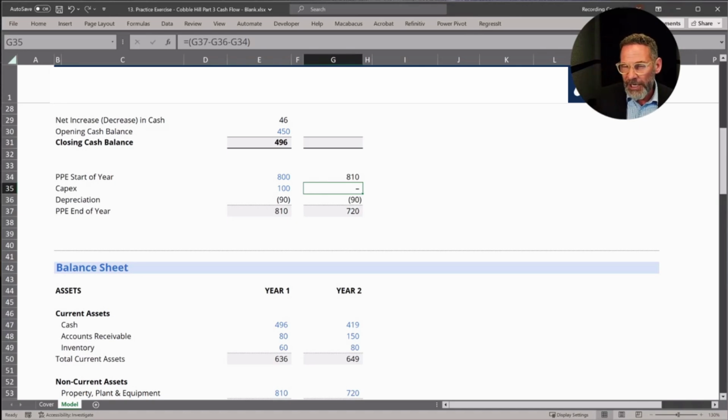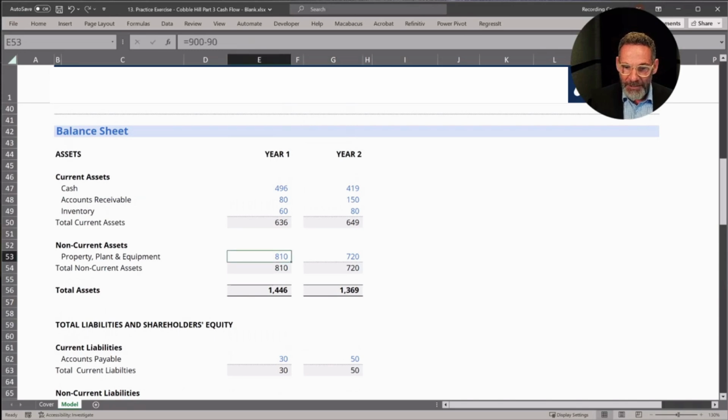But I always like to check to make sure it's working. So I'm going to destroy the balance sheet just for a second, and then we'll restore it. That's because there's 810, there's 720. We know that depreciation was 90, which is why we know there was no CapEx. Now, if we said that the property, plant, and equipment at the end of the year was 800, remember the balance sheet's not going to balance because I've just overtyped it.